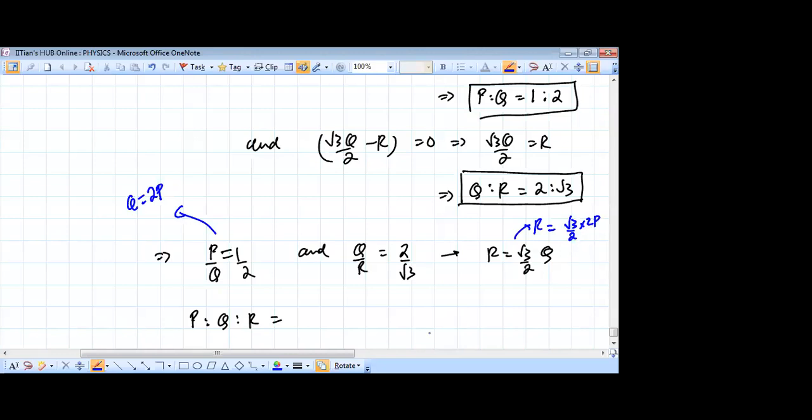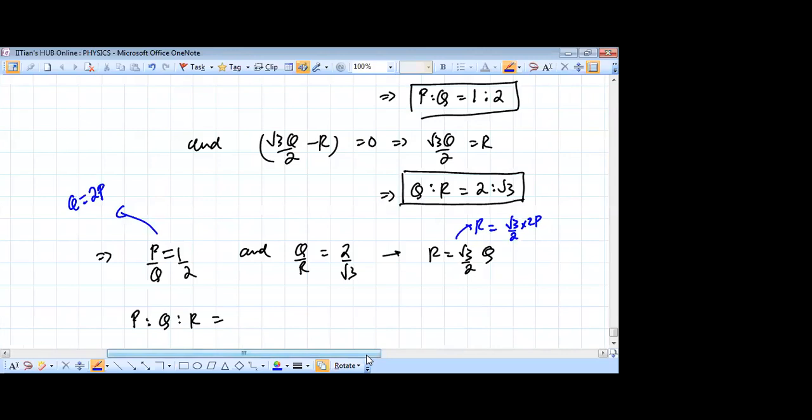Okay, so root 3 times P. So P is to Q is to R will become 1 is to 2 is to root 3. Yeah, if the angles are given in the other order, 150 and 120, then just interchange P to R. But importantly, the sides will be proportional to this. Okay.